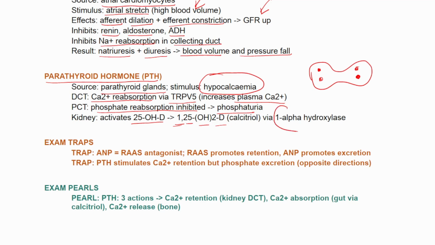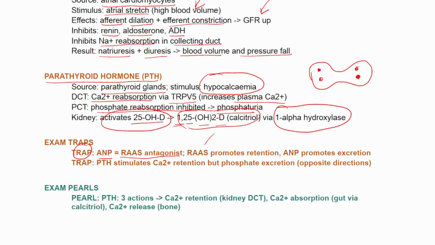So this enzyme is very important for converting the 25-hydroxyvitamin D to its active form, 1,25-dihydroxyvitamin D or calcitriol. And for IMAT, let us review the traps, and these traps are the ones that you need to remember. First one, remember that ANP functions strictly as a direct RAAS antagonist.